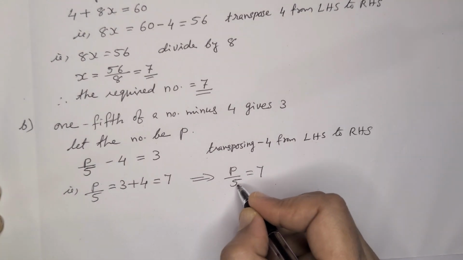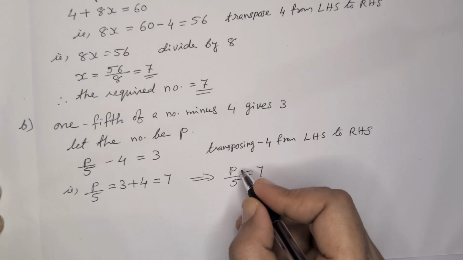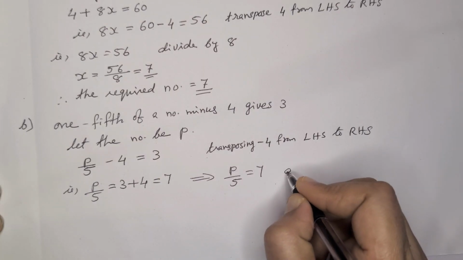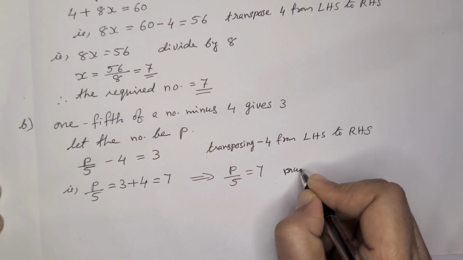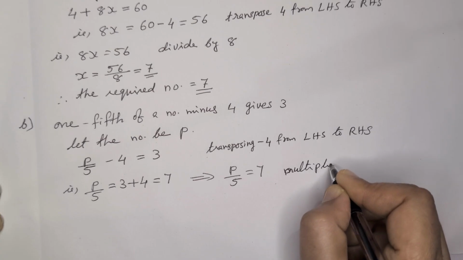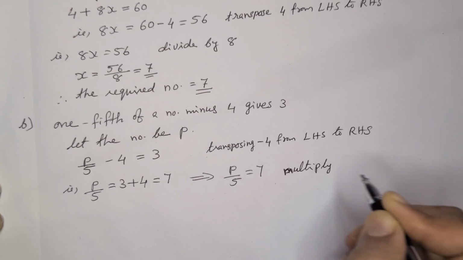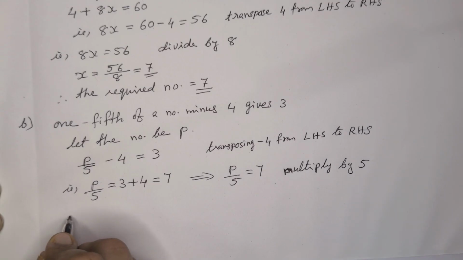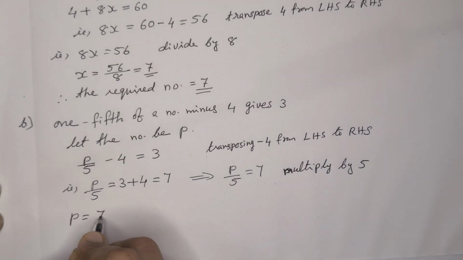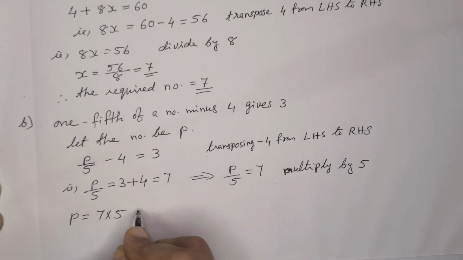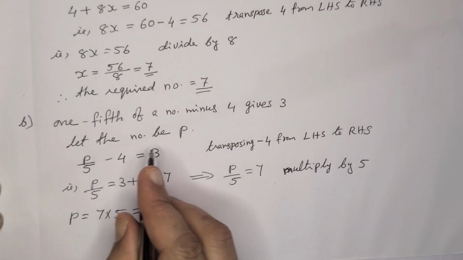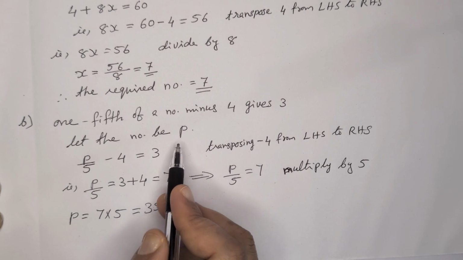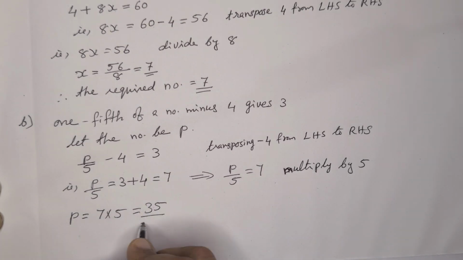Now we have to remove this 5 from this side. For that, multiply by 5. Then what will we get? P is equal to 7 into 5 is equal to 35. So the value of P is equal to 35.